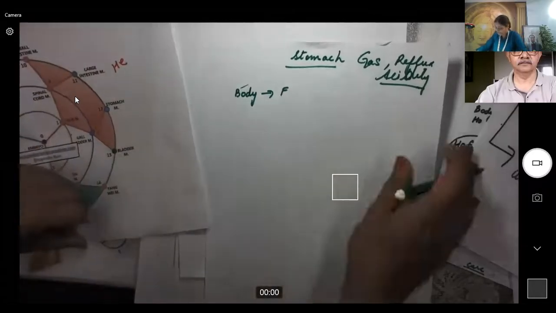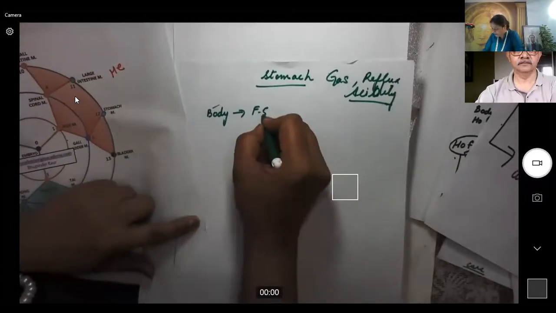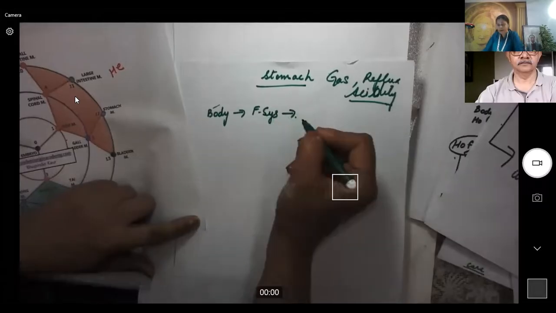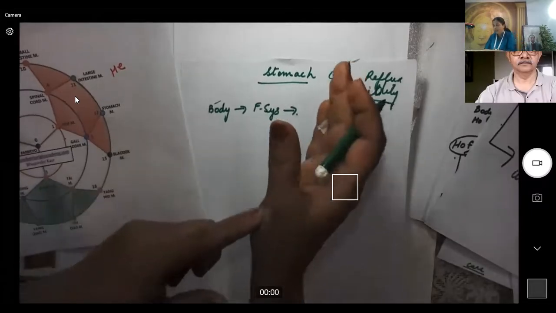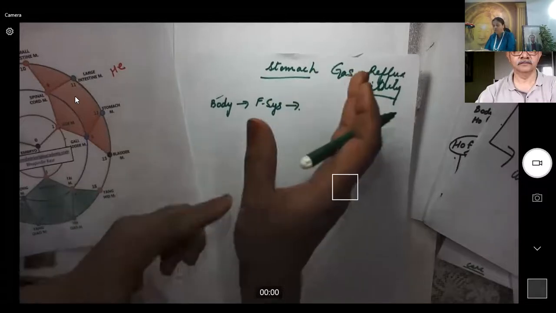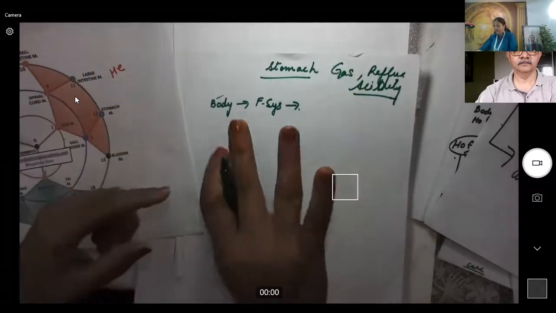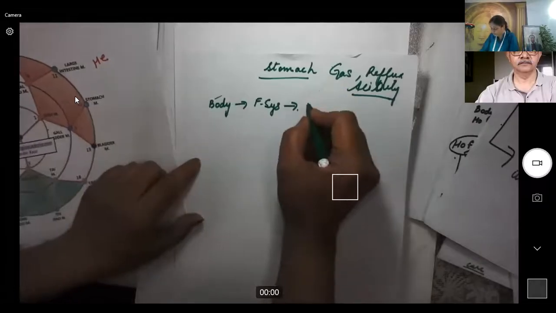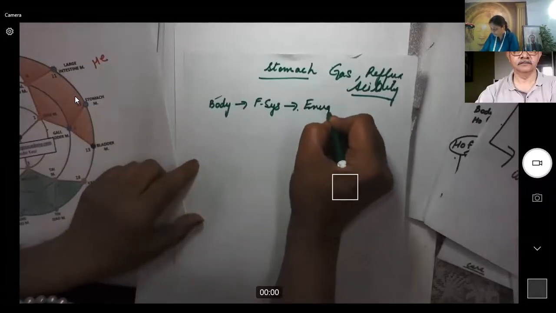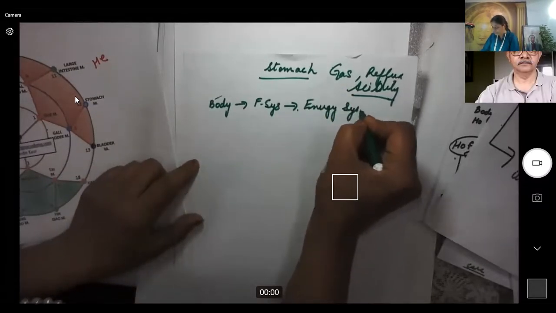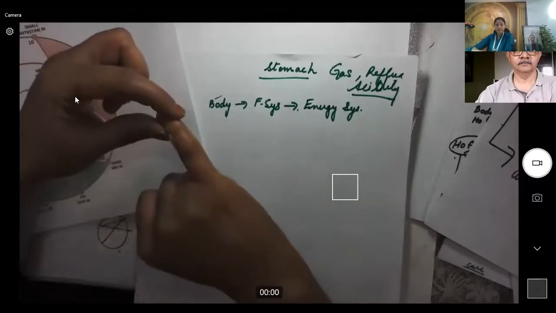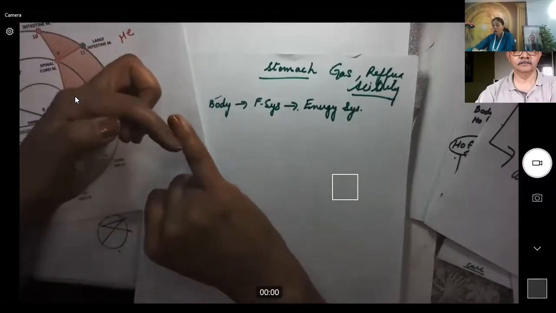Okay. Body, functional system. Okay. So imagine I'm putting needle here, body, functional system. Then among four, energy system. Okay, energy system. And then you come to all meridians.